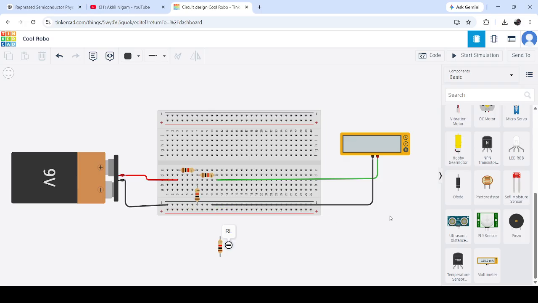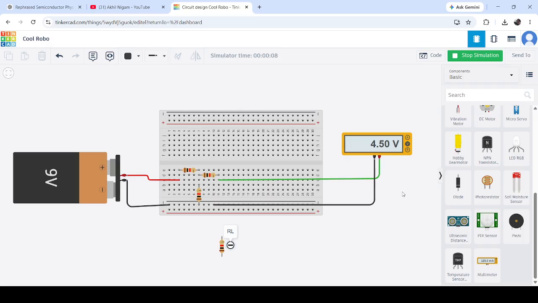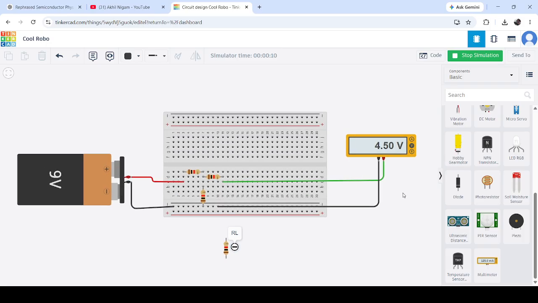We need to identify VTH across the open circuit terminals. So we change the multimeter parameter to voltage, click on voltage and start the simulation. Now it gives VTH as 4.50 volt. So we have found our two parameters: VTH equal to 4.5 volt and RTH equal to 1.5 kilo ohm.